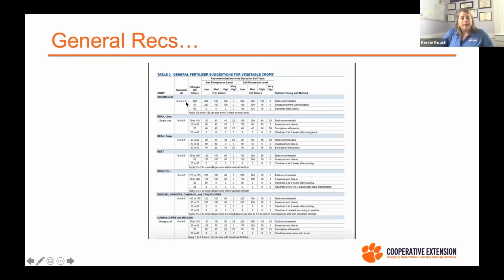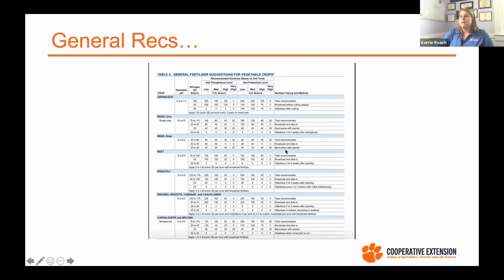That's a little bit higher than a lot of our other crops. Nitrogen, pounds per acre, it's recommending 100 pounds per acre. 250. So here, if your soil phosphorus level is low, medium, high, or very high, it actually changes those out to give you correct recommendations. Again, this is without a soil test report.